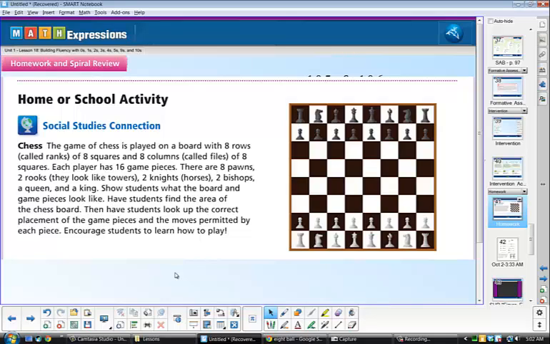How many squares are on a chessboard? The game of chess is played on a board with 8 rows, called ranks, and 8 columns, called files. Files and ranks. So, those that know how to play chess, you might be able to help us on Friday.